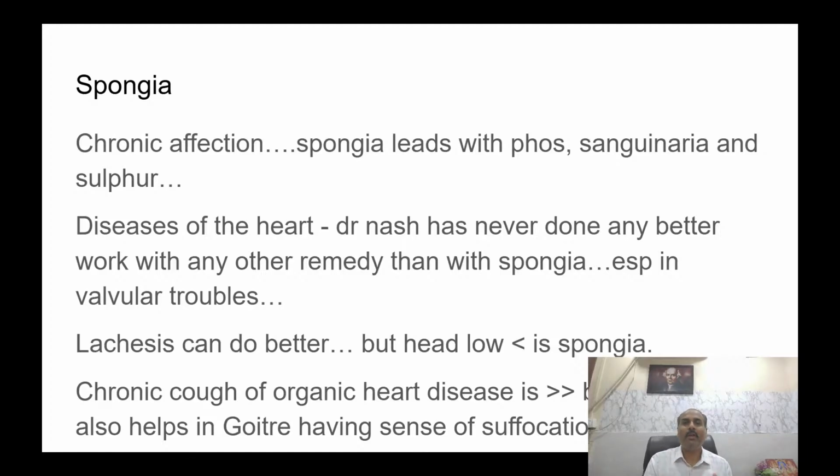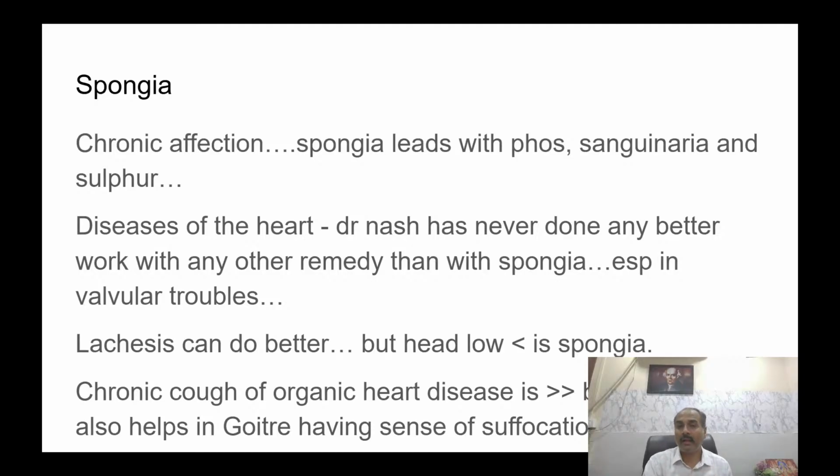If it is a valvular trouble, you have to directly focus on the pathology and the remedies associated with the pathologies. Constitutional has to be given in the background, but a pathological remedy or a specific remedy will work as a specific remedy every few days or every alternate day or every 3 days. This is how my clinical practice has emerged in the last few years.